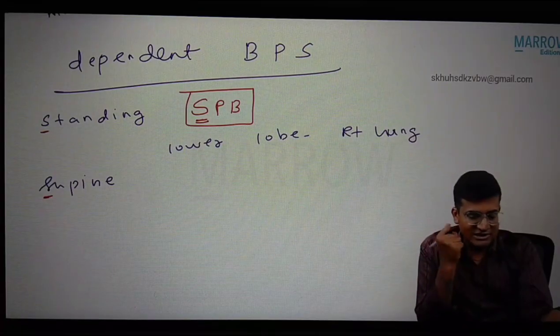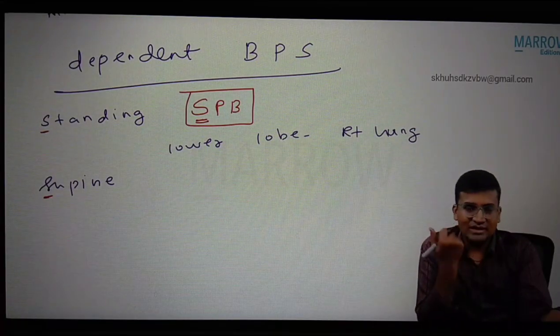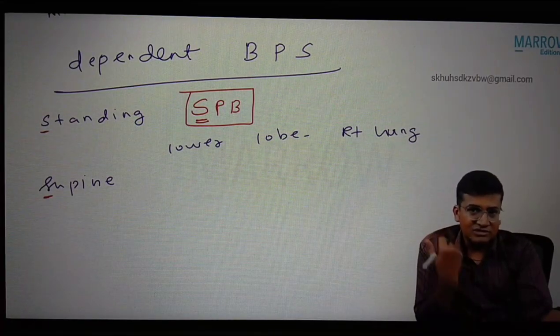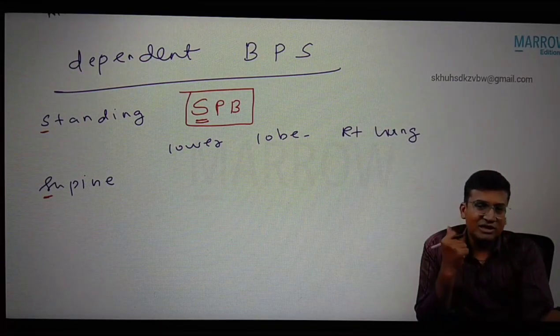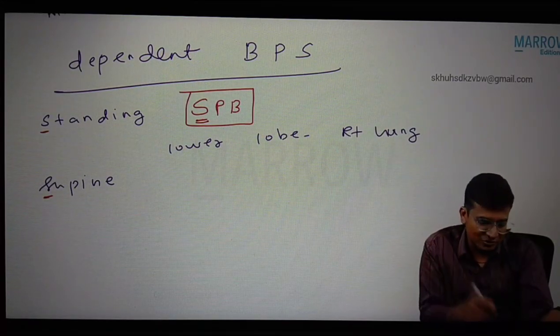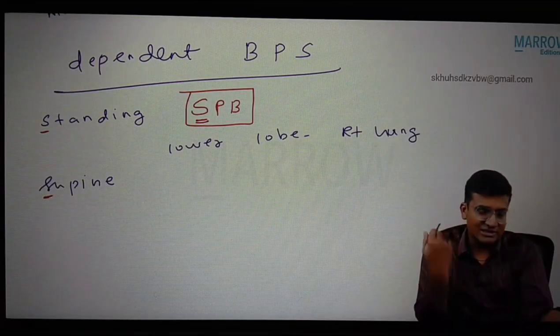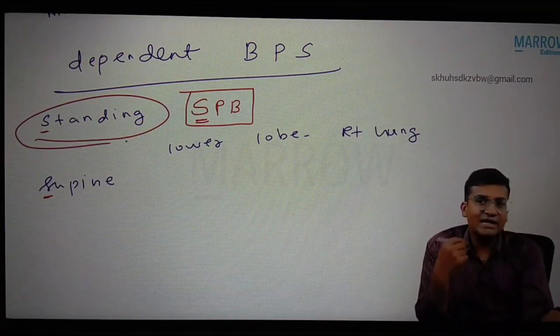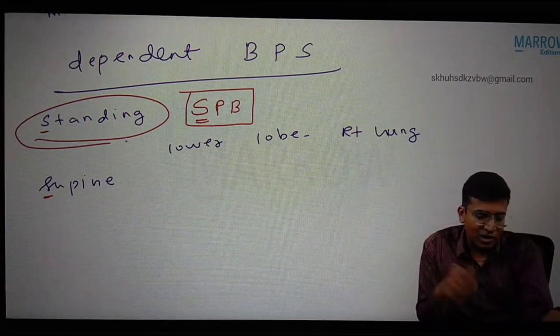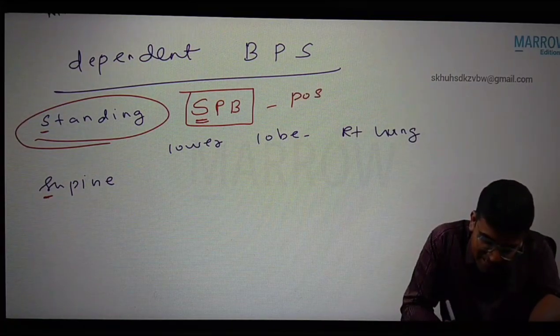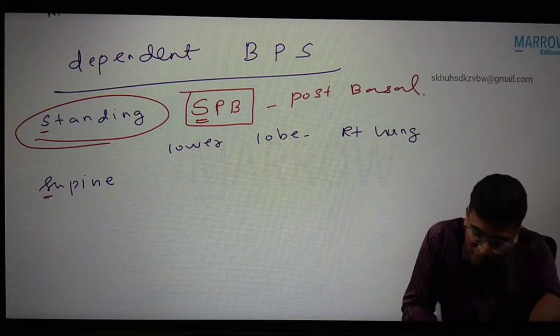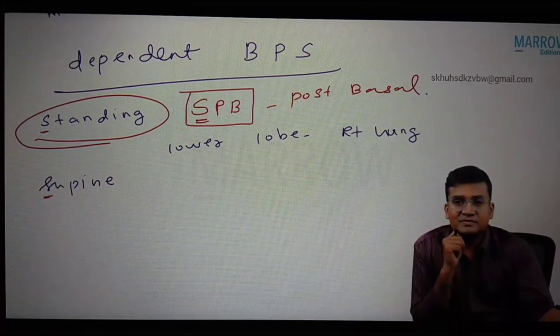How, sir? See, SPB is a legendary singer. Any singer will sing a song in which position? Not in the supine position. It is humanly impossible for any singer to sing in supine position. So the singers sing only in which position? Standing position. So the dependent bronchopulmonary segment in standing position is the posterior basal of the lower lobe of right lung.